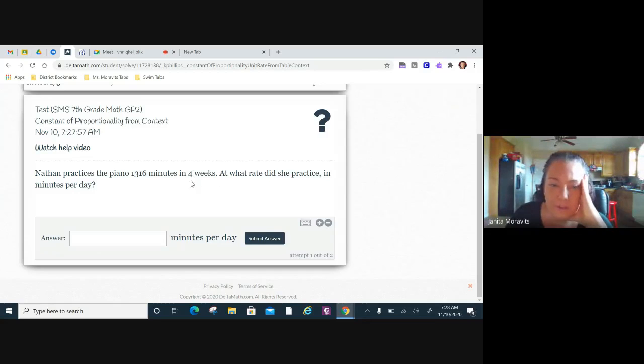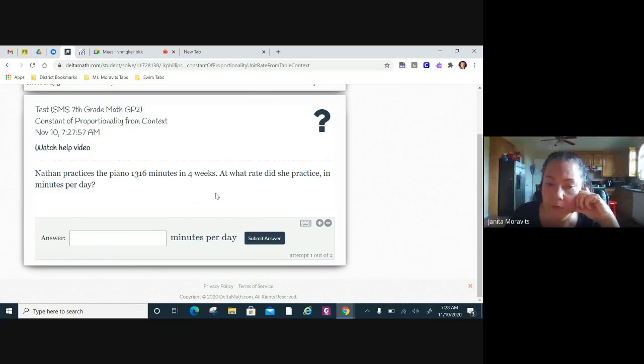But what we have to do is first find out how many days that is. So if we're going to say 4 weeks equals how many days? Well, there's 7 days in a week. So 7 days times 4 weeks, that's 28 days where she practices 1,316 minutes.